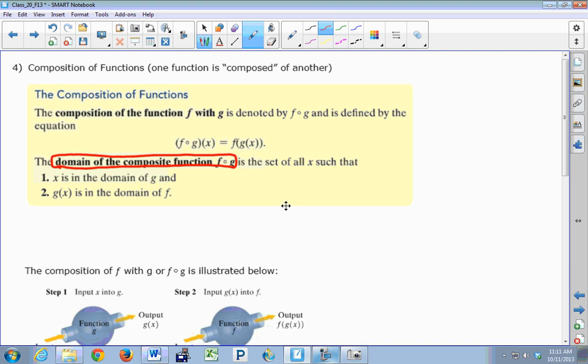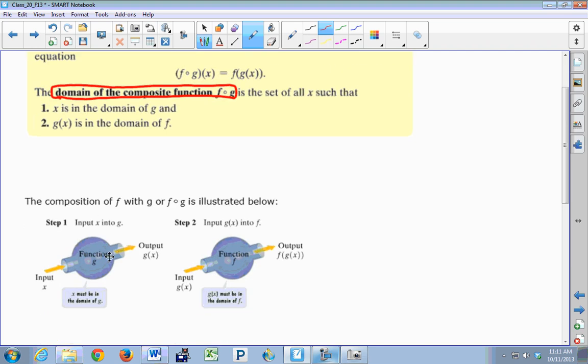Right down here, here's our first function G. So X goes into G. So X must be in the domain of the G function. What comes out? The output is called G of X. That then becomes the input of your F machine.